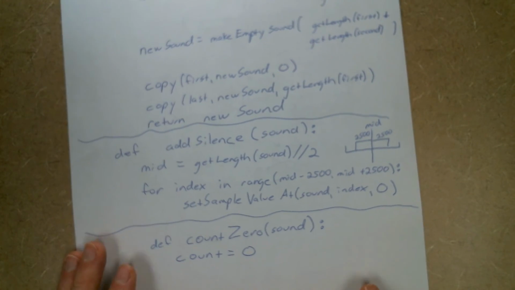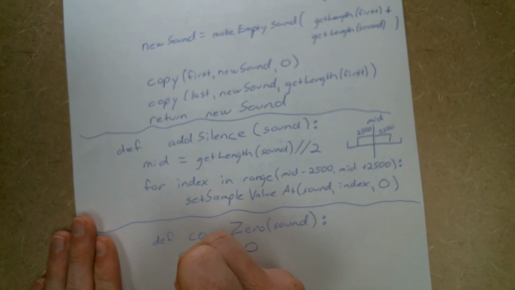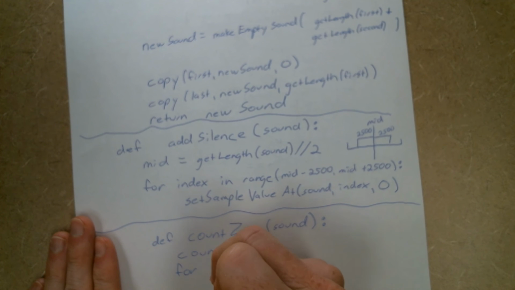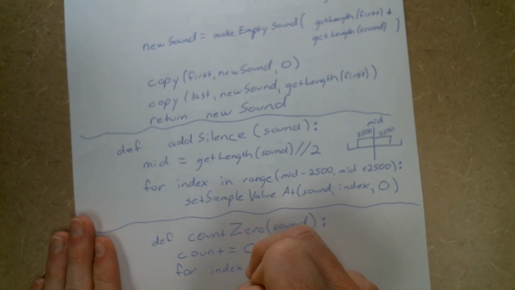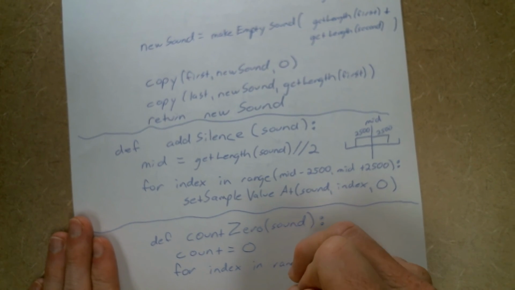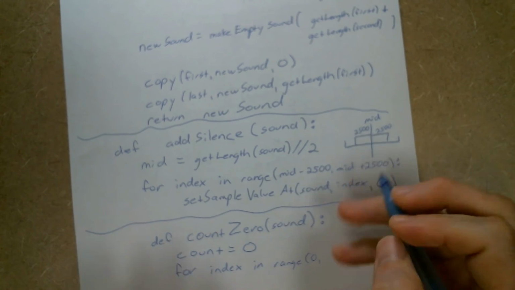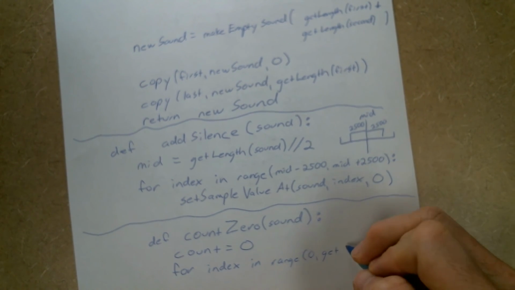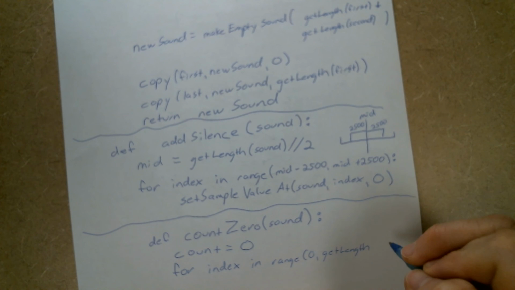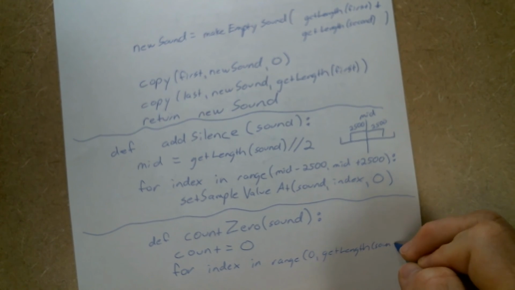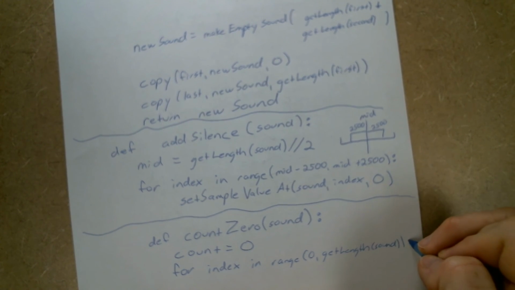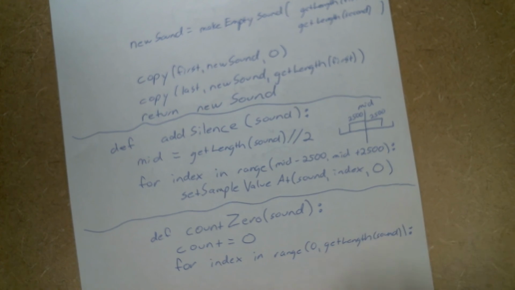All right. So def count equals 0, for index in range 0 to get length of sound. Make sure you got your colon there.